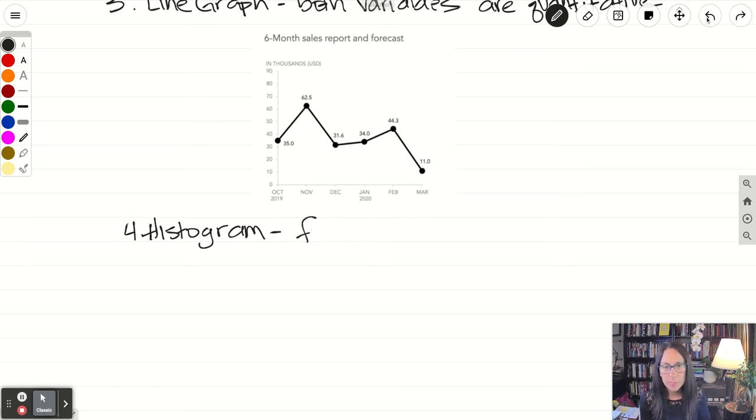So frequency of data. What that means is that you want to know how many data points are in each group. Like you group the different categories, and then you want to know how many are in each group. So let me show you an example.